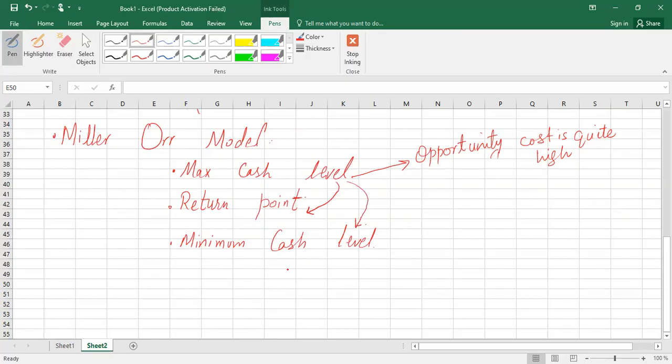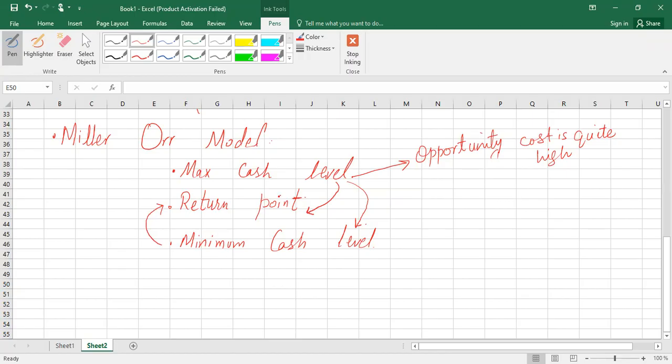And the Miller-Orr model says that when your cash has reached its minimum possible level, now you should recover from the market or from the receivables, sell your short-term securities, try to sell your inventory, and once again reach back to the return point of cash, which is the optimal point.